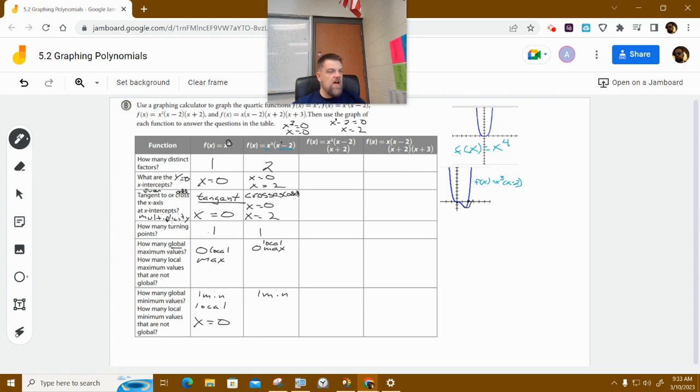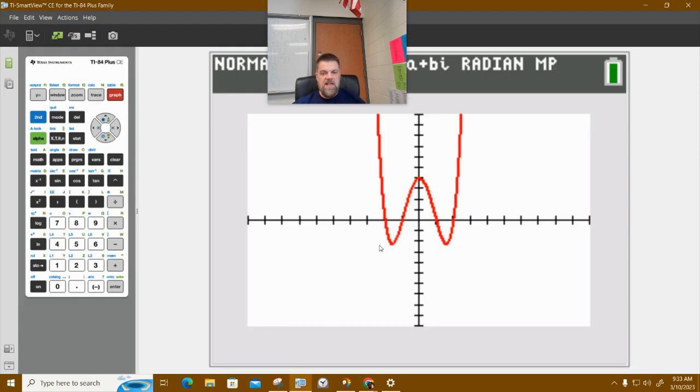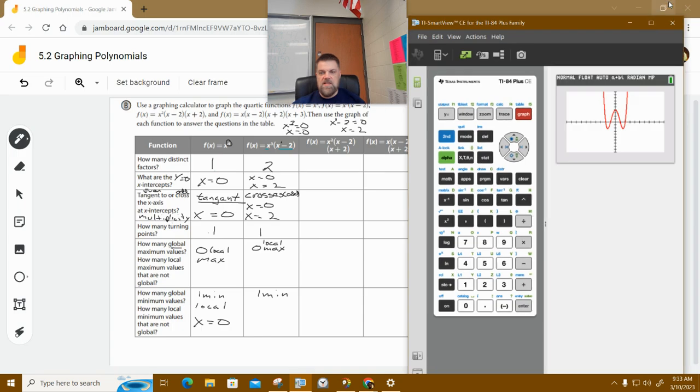All right. So now I'm going to take my handy dandy calculator and minimize it. And we're going to go in here, and I'm going to clear this out. And so now let's plug in the next equation, which is x squared times the quantity x minus 2 times the quantity x plus 2.